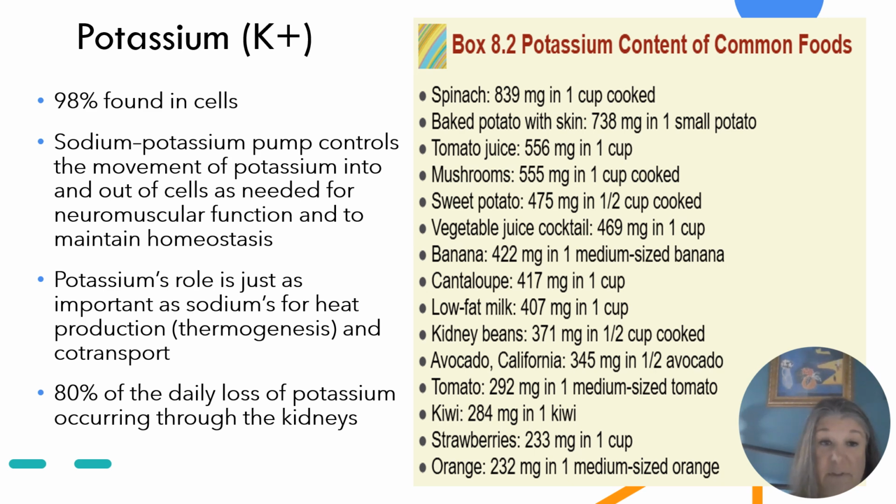98% of potassium is found in cells. Remember the sodium potassium pump that controls the movement of potassium into and out of the cells. Potassium helps with neuromuscular function. Potassium's role is just as important as sodium's related to thermogenesis and transport. And 80% of daily loss of potassium occurs through the kidneys.